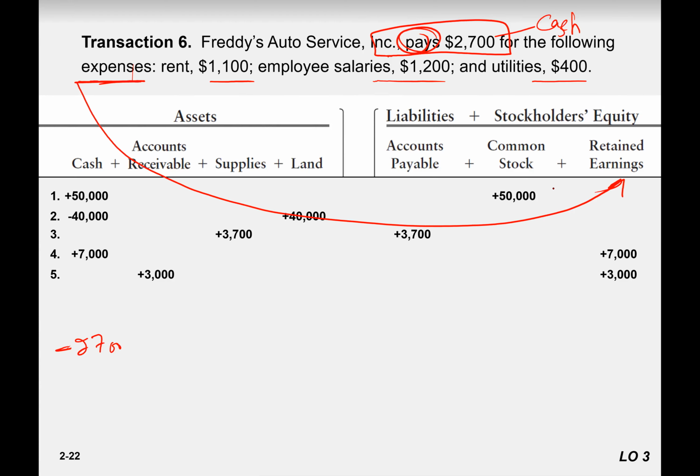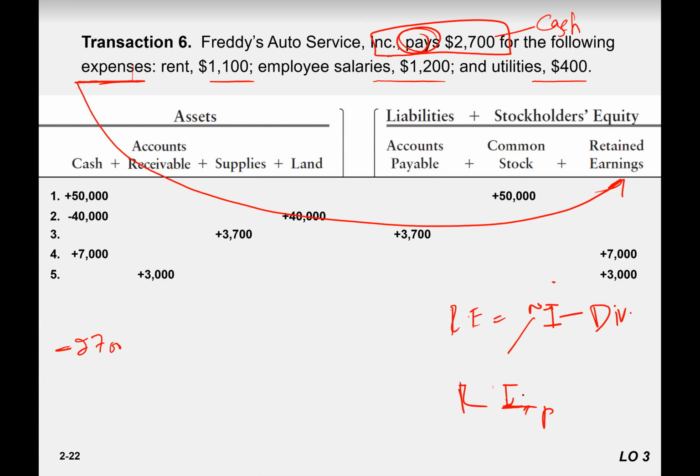Do retained earnings increase or decrease? The retained earnings formula is net income minus distributions, dividends, and net income is calculated as revenue minus expenses.